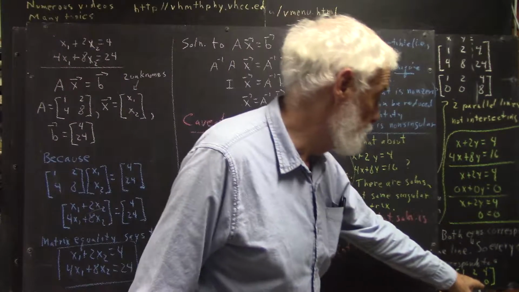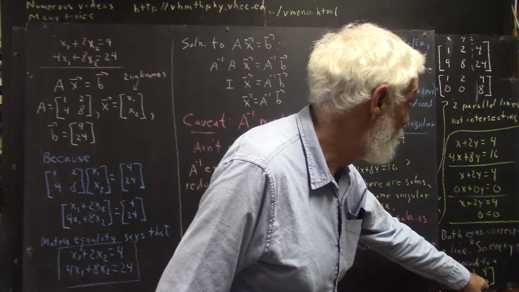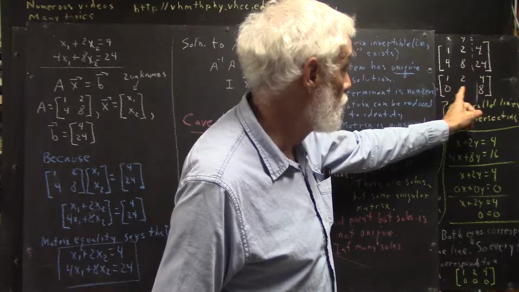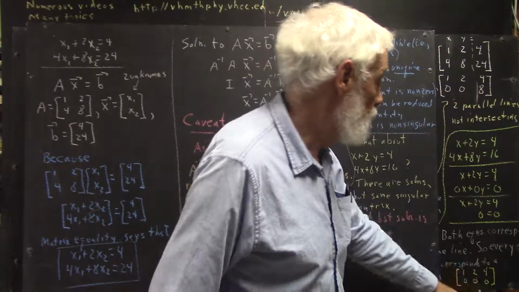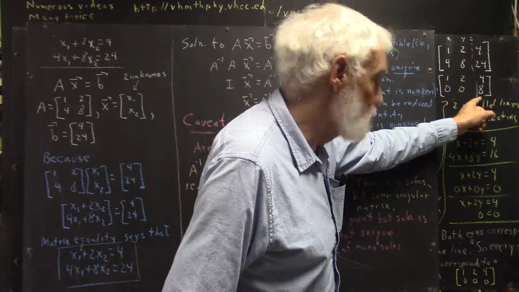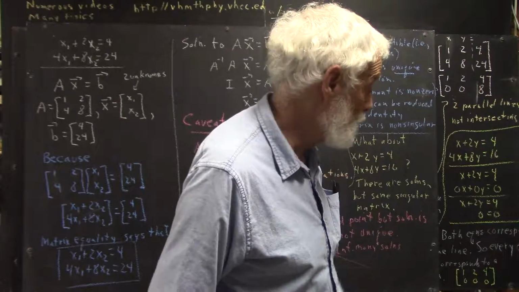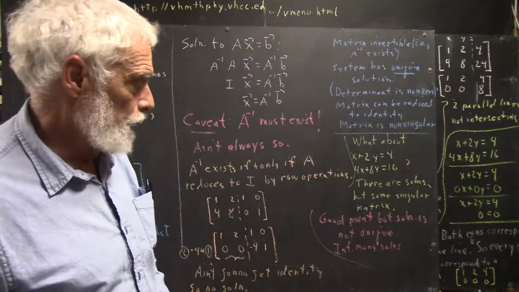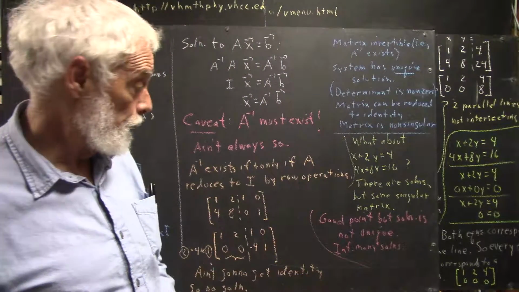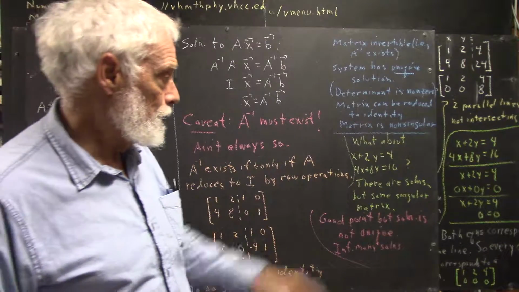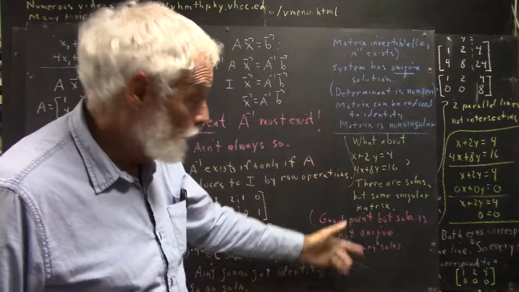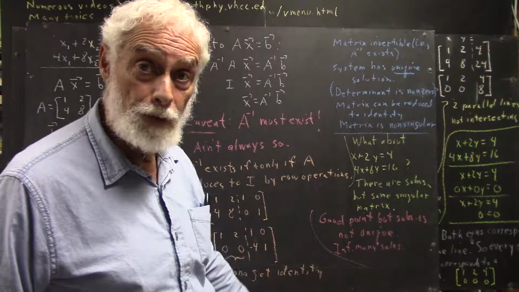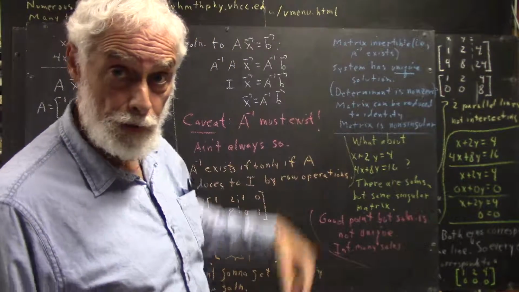What it comes down to is whether you have a zero here or whether you don't. If you have 0 equals 0, that is clearly true and doesn't contradict anything. If you have 0 equals 8 in this case, 0 equals something that's not 0, that's not true. So this is a good point if you ask this question. But the solution's not unique. There are infinitely many solutions. That doesn't contradict anything we said up here.